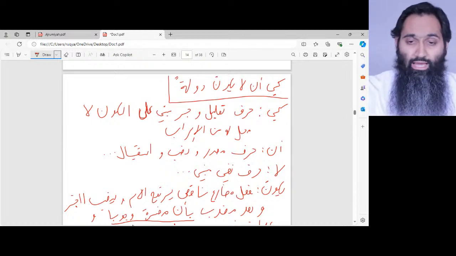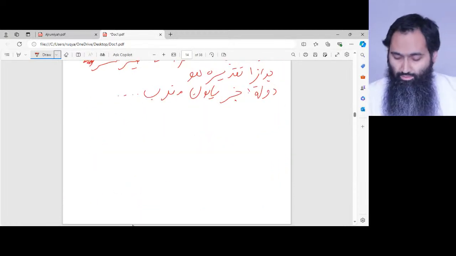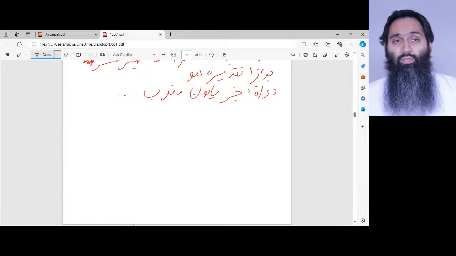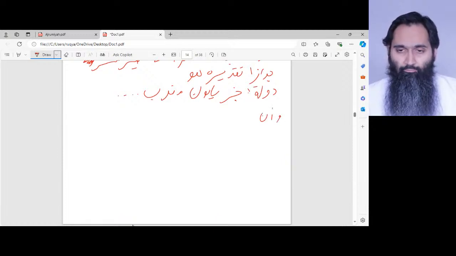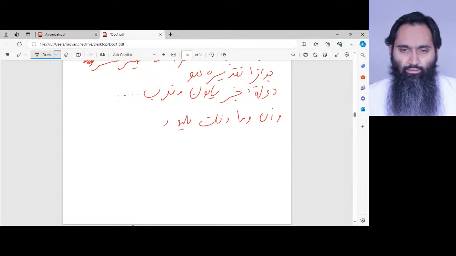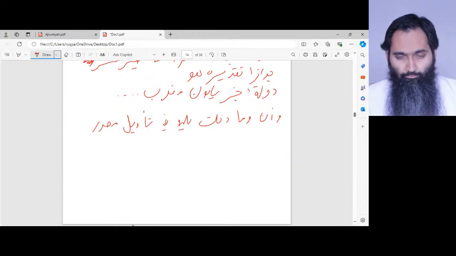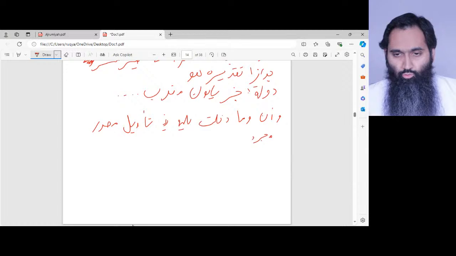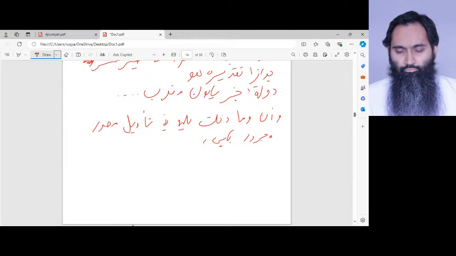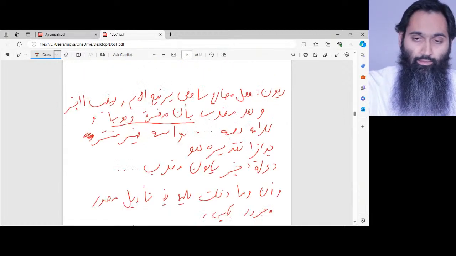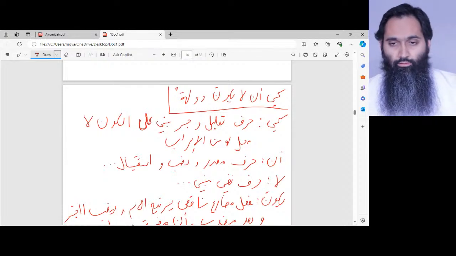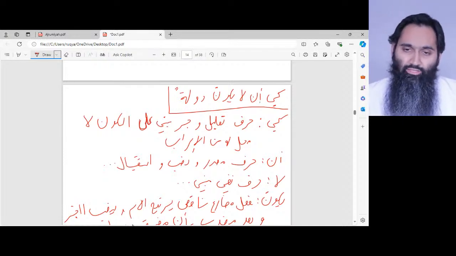Okay, but now we have to say what we normally say with K, and what we said with an before: wa an wa ma dakhalat alayhi bi ta'wili masdar, مجرور بK. وأن وما دخلت عليه.